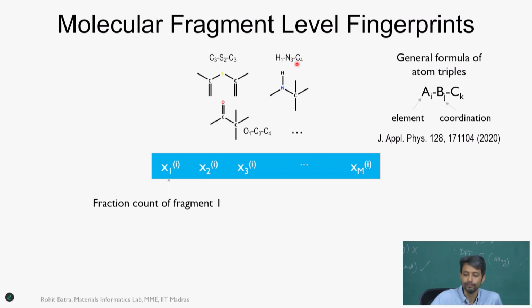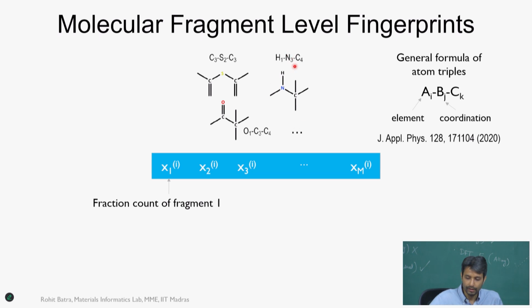So this way they came up with different fragments and they simply checked whether a particular fragment is present or not, and this is their fingerprint. This is a little bit similar to the one hot encoding that we talked about, but it is one hot encoding at a triplet level. So you will look at triplets and the coordination number is also defined.